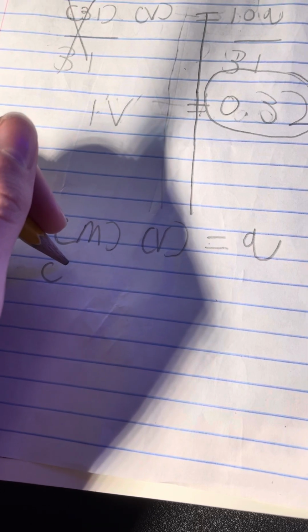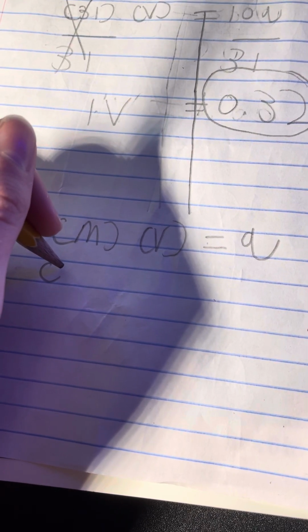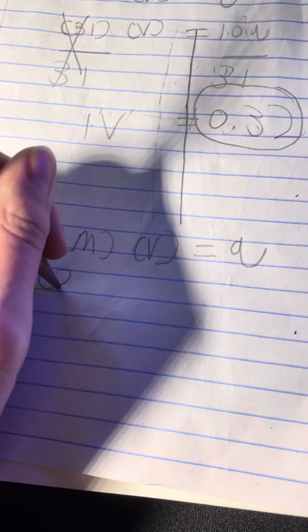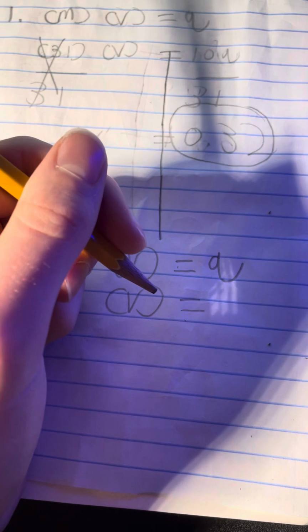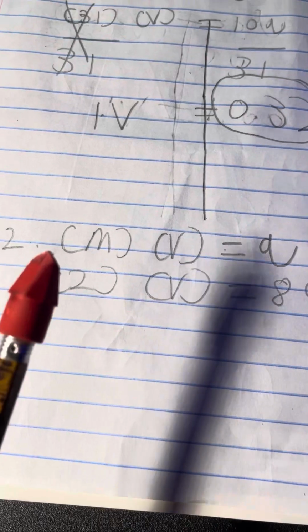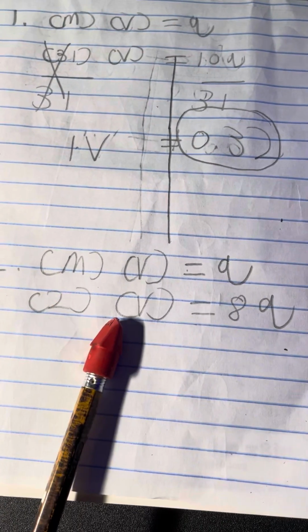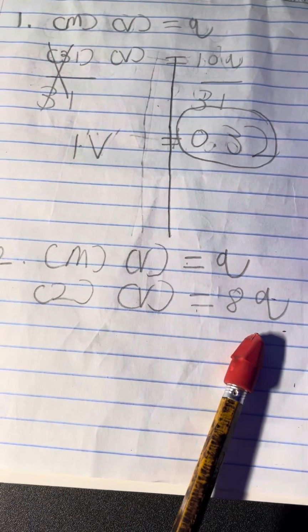Let's do 2 times velocity equals, let's say we do 8. The quantity of 8. So yeah, what I did is 2 times velocity equals the quantity of 8.